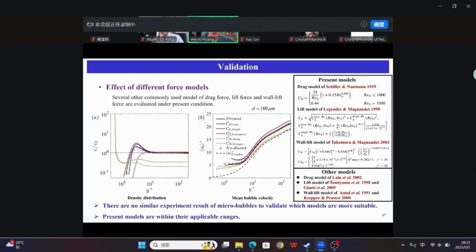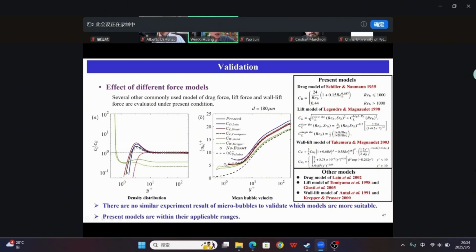And also if we change the lift force model but keep the other force models unchanged, then we can see that for the different force models, the bubble velocities are qualitatively similar, with some small differences.